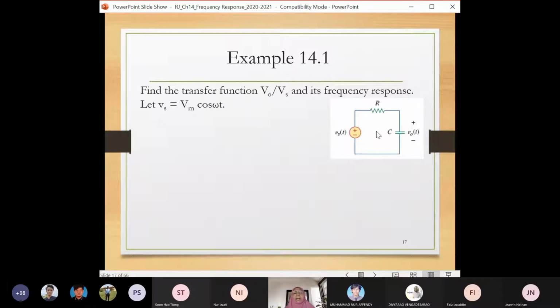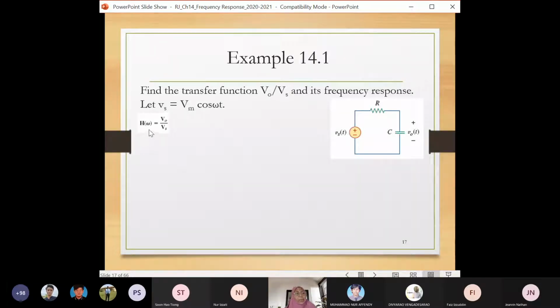Here you have the V source, resistor, and capacitor, and VO is measured across the capacitor. So let's write the transfer function of the system.